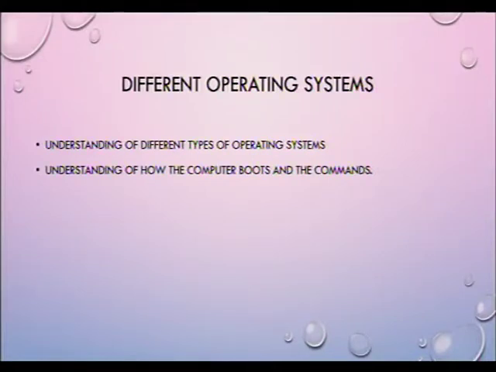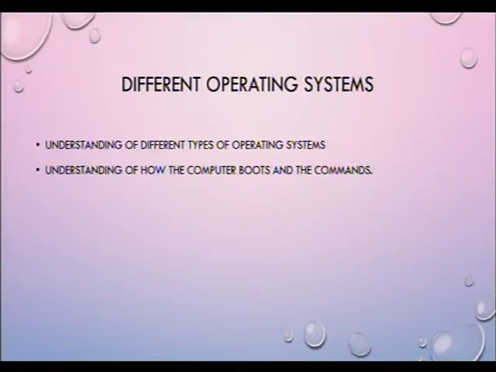Now we need to go to the step of installing what we call operating systems. What are operating systems? We can look at an operating system as a computer application that functions like a brain in a computer. Without an operating system, a computer will not function at all. So operating systems are the first applications installed in a computer, for the computer to function or to perform calculations and other tasks.